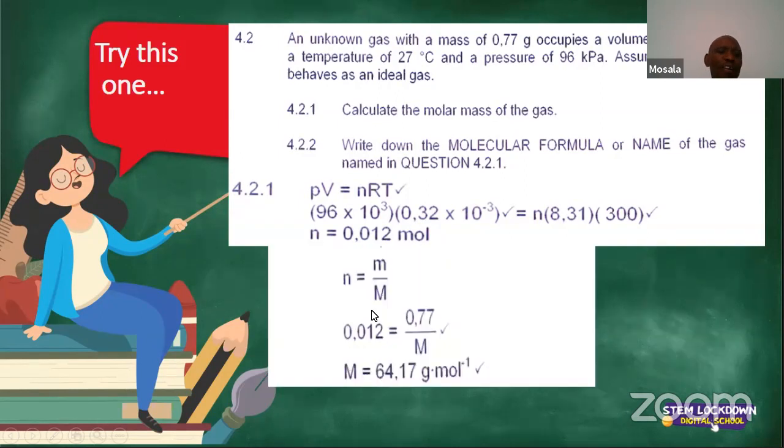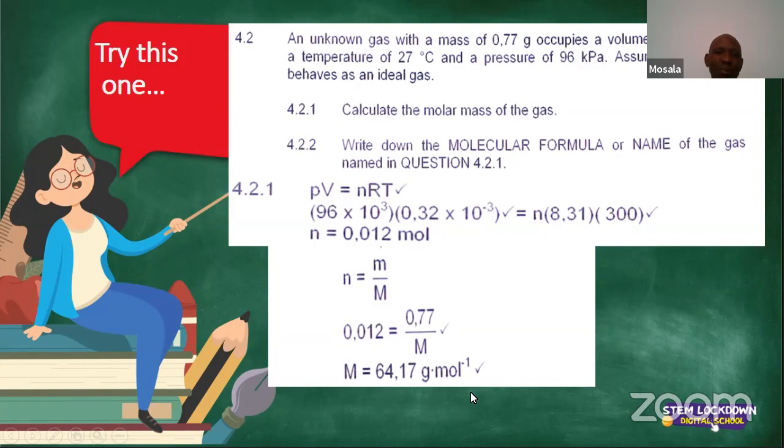And then the number of moles is equal to mass over molar mass. We want the molar mass of this gas. So this is the number of moles, this is the mass of the gas, and molar mass is what we were looking for. We substitute and cross multiply, and we get our molar mass to be 64.17 gram per mole.